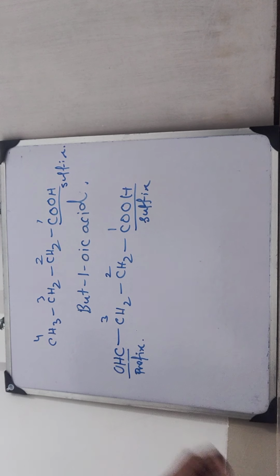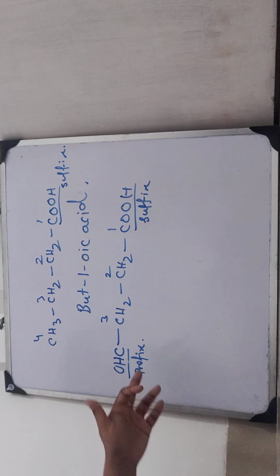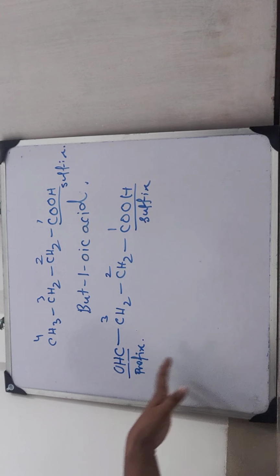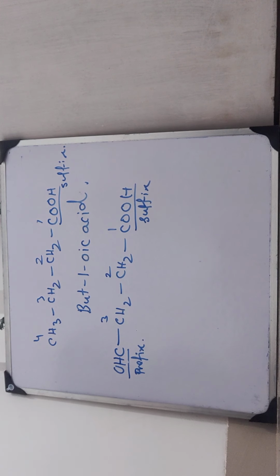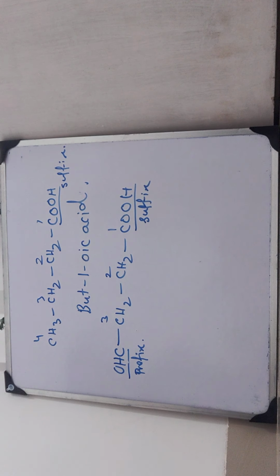Still no number is given to it, because CHO is considered the lower priority one, and that is why we do not place any number on the carbon present in the prefixed functional group.